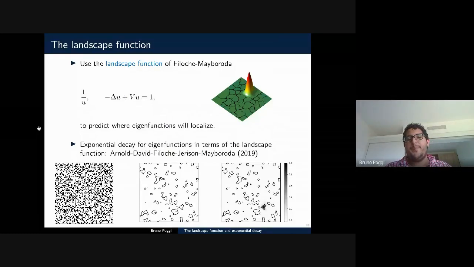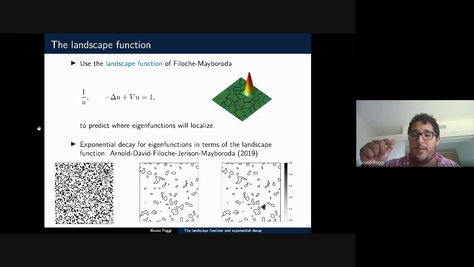Why is it useful? Because you can take its reciprocal, 1 over u, and it predicts the wells of localization of the eigenfunctions. Here's a picture with an example. Your random potential is pictured here, same as before. In this middle picture, you have drawn the contour sets of the function 1 over u at a certain energy level.